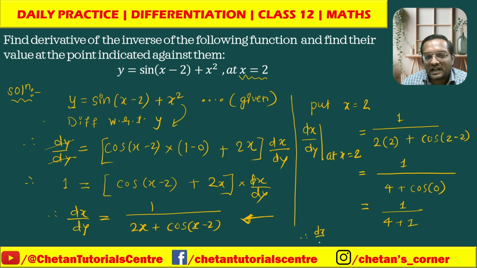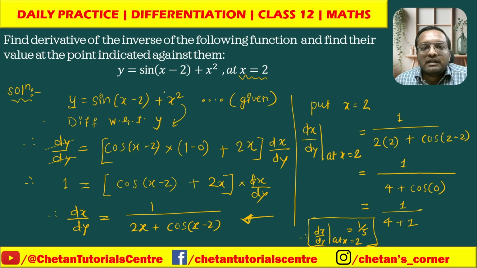Therefore dx by dy at x is equal to 2 is 1 upon 5. So in this way we have found out the value of derivative of inverse function at the point indicated against it, which is equal to 1 upon 5.